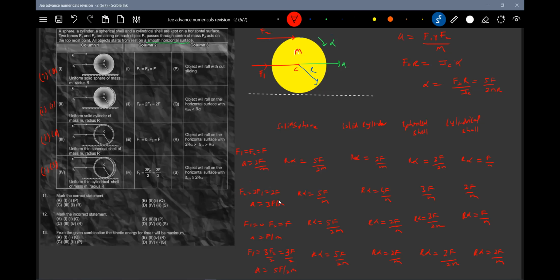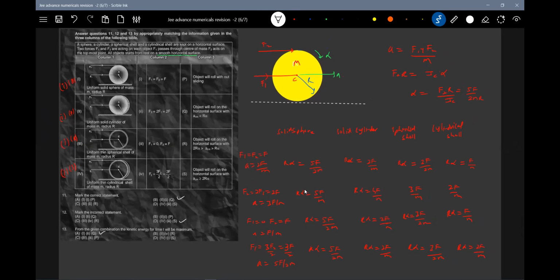Troublesome problem, very troublesome problem. B will come. Check this, D will come, and this A will come. Okay, please, all of you, I think nowadays these matching questions are very popular.